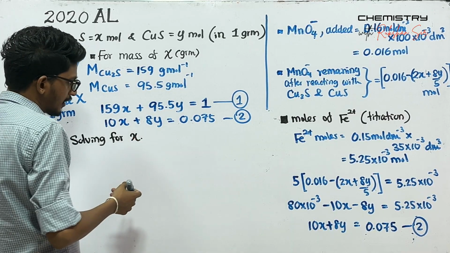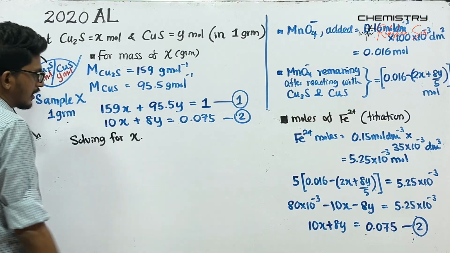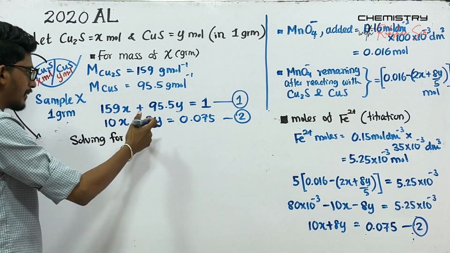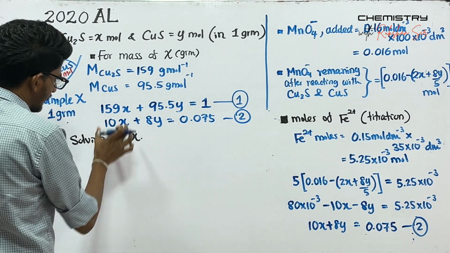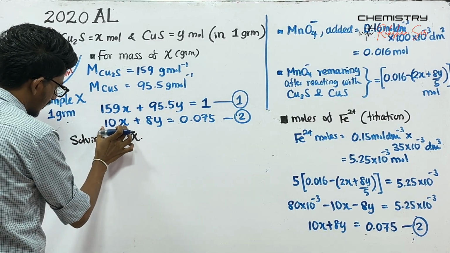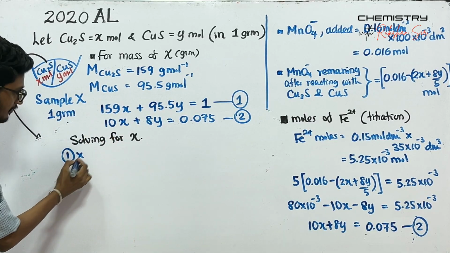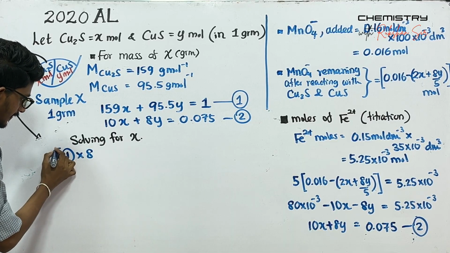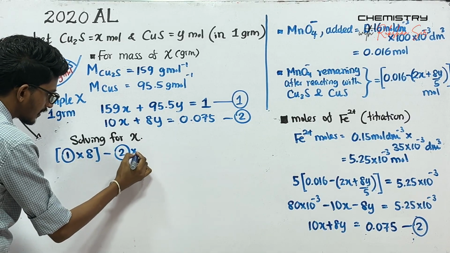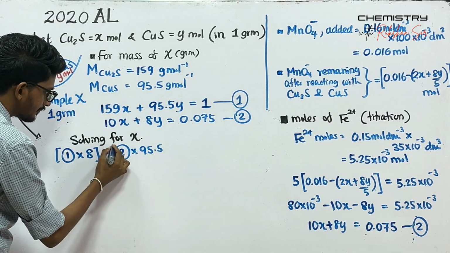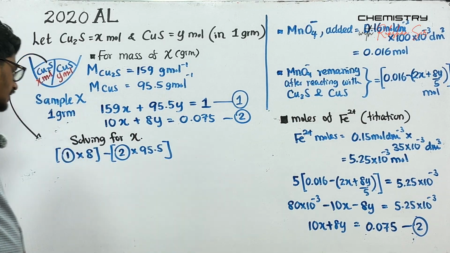So let's do that, and a minus should be taken, right? So number 1 multiplied with 8 minus number 2 with 95.5, right?